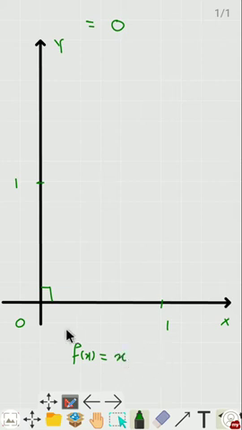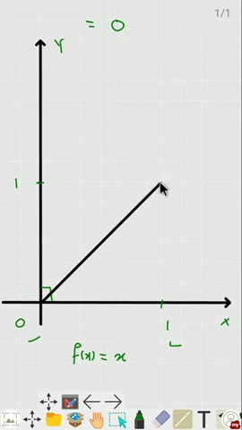It is defined in this range 0 to 1, and we draw the graph of this function. The graph is like this. So this is the graph of the function f of x is equal to x.